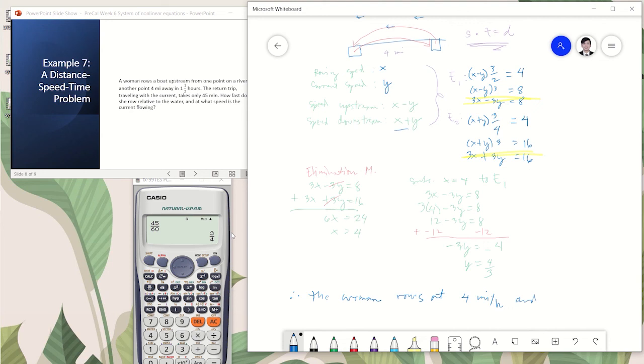And then the current flows at, take note, 4/3. Since it is a word problem, it is more meaningful if it's written in mixed number. And the mixed number for 4/3 is 1 and 1/3. So the current flows at 1 and 1/3 miles per hour.